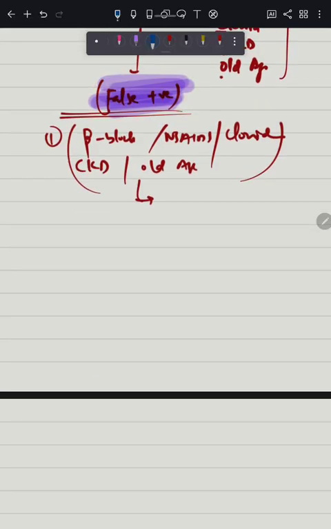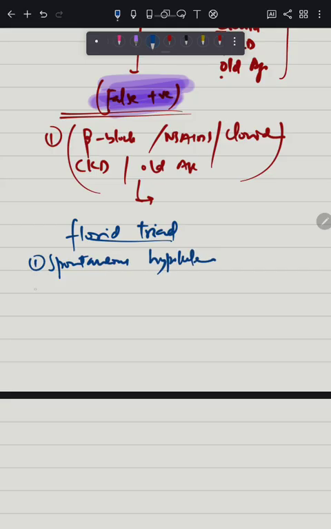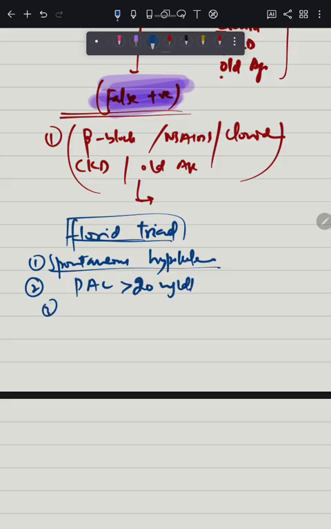But if a patient has a positive screening test, then that has to be followed by confirmatory testing. But when can you even skip confirmatory testing? If the patient has the full triad: spontaneous hypokalemia, plus aldosterone of more than 20 nanograms per deciliter, and third, undetectable renin.